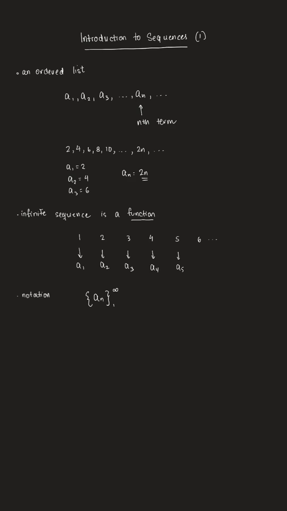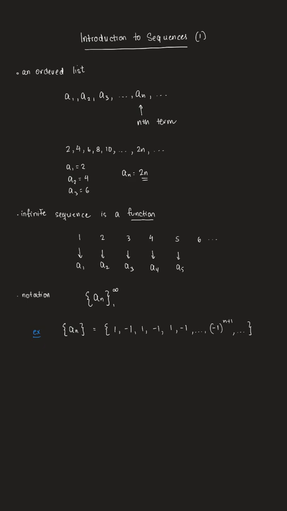So for example, one example of a sequence might look like this. The elements would be, let's say 1, negative 1, 1, negative 1, 1, negative 1, and so on. And the nth term would be negative 1 raised to the n plus first power, and that makes it alternate in sign. That is just an example of a sequence.